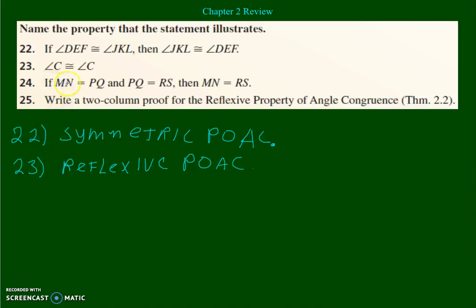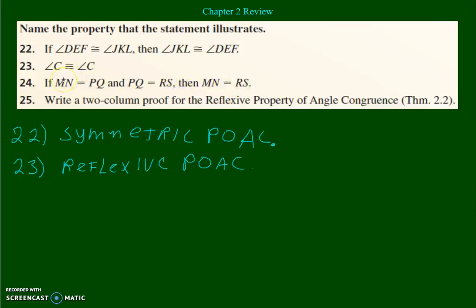24 tells us if MN = PQ and PQ = RS, then MN = RS. Now this should look familiar to you because it's very similar to what we did in the last chapter called the law of syllogism. In a syllogism, this would be the hypothesis, conclusion. The conclusion of the first becomes the hypothesis of the second, which leads to a second conclusion, and then the first hypothesis leads to the second conclusion.